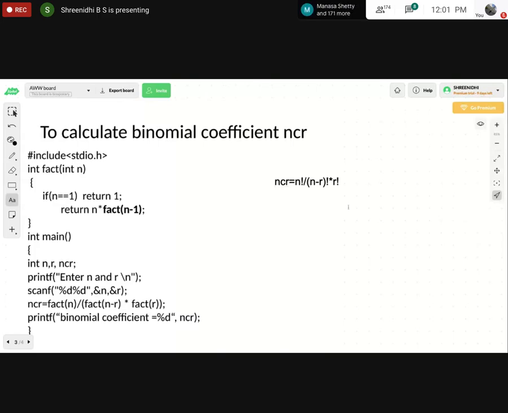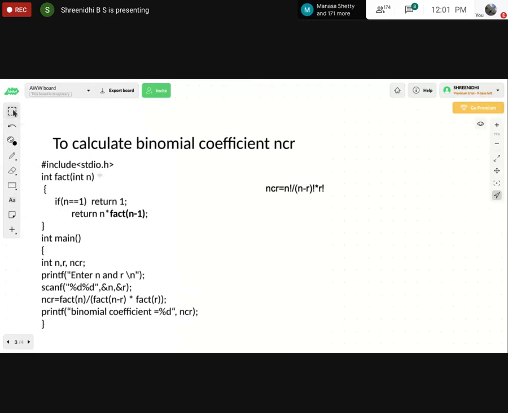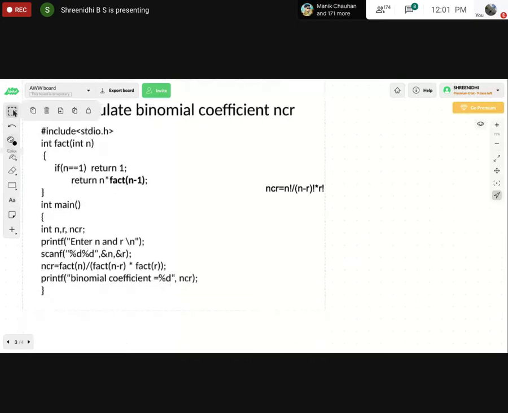So always there will be one condition. See, this is your main function. I have taken three variables n, r, and ncr. Here I will be taking n and r as input. When you are entering, always your n should be greater than or equal to r.